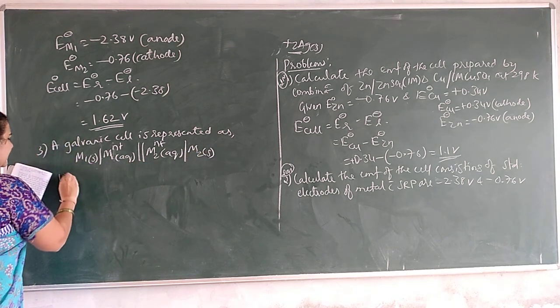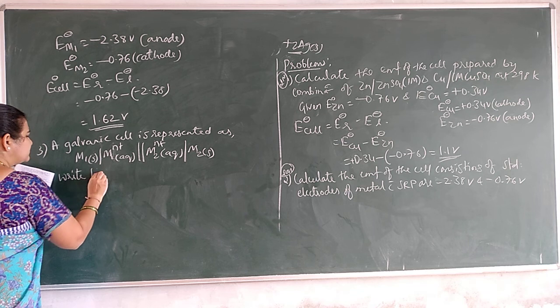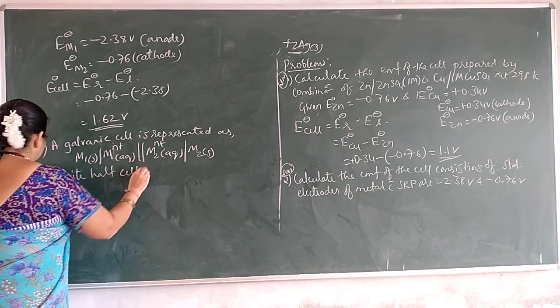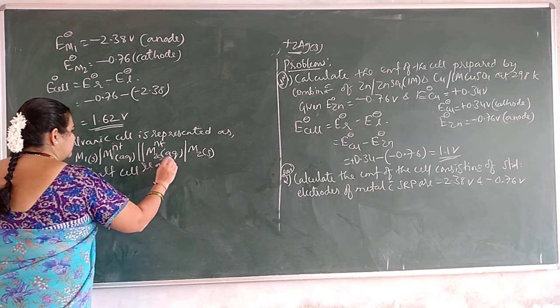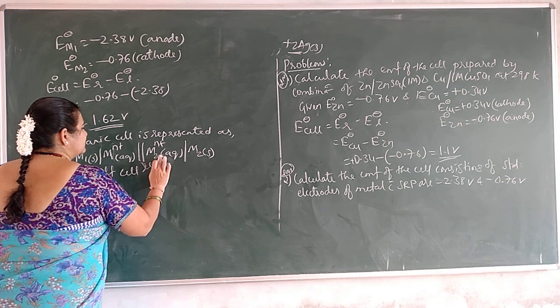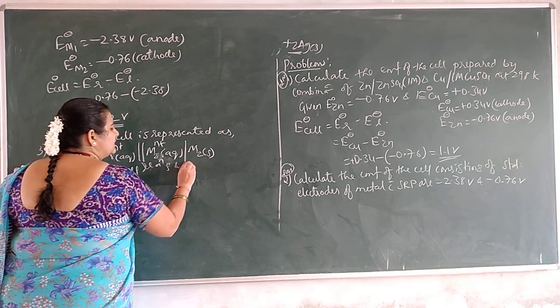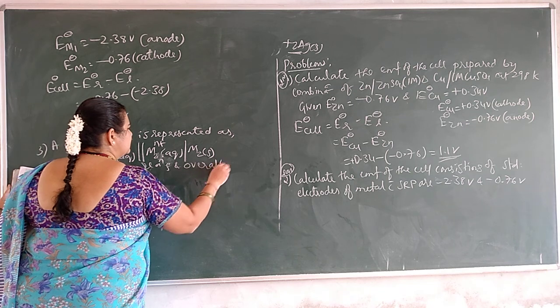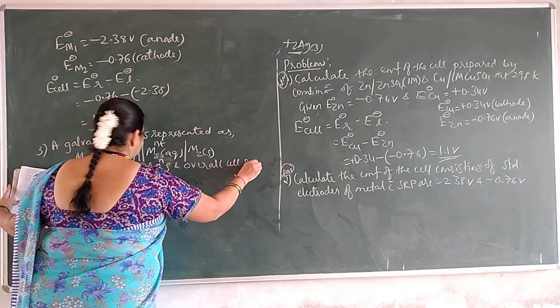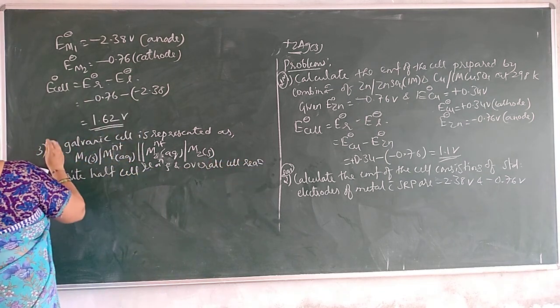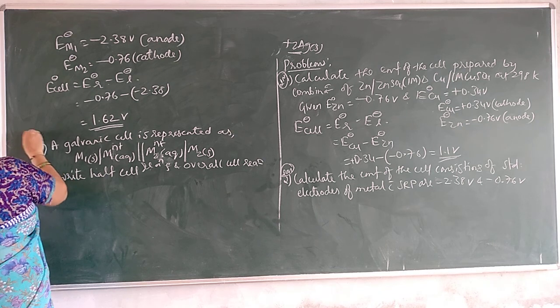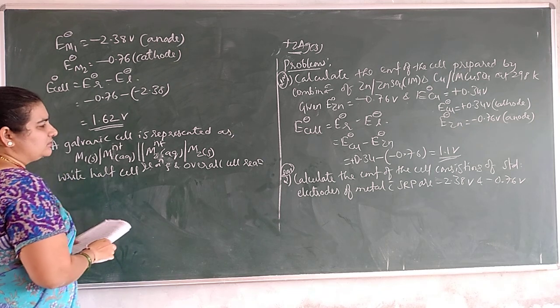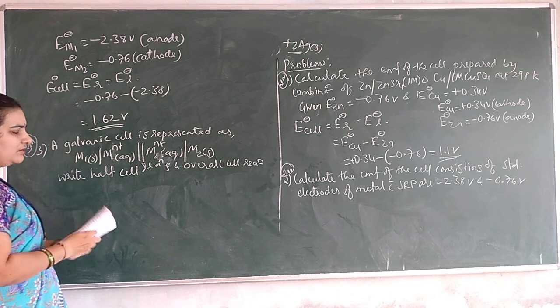Write the half cell reactions and overall cell reaction for the above cell. It is for 3 marks.